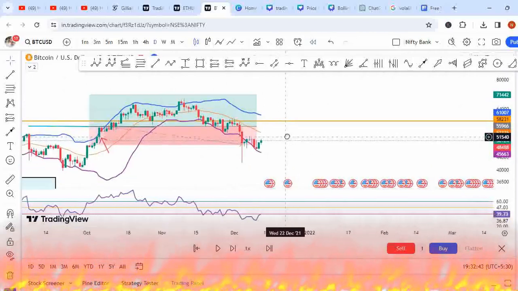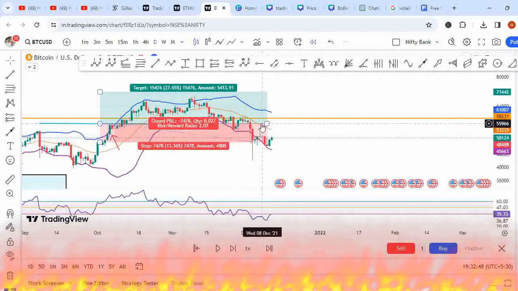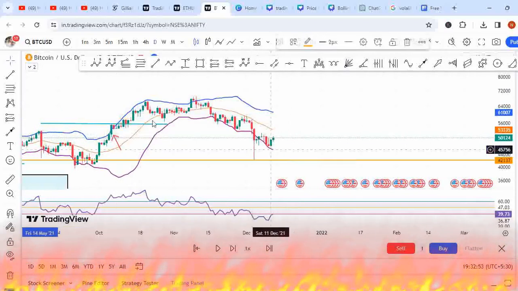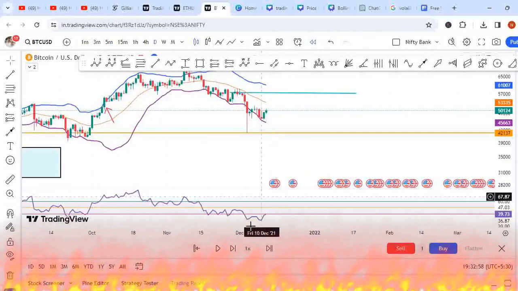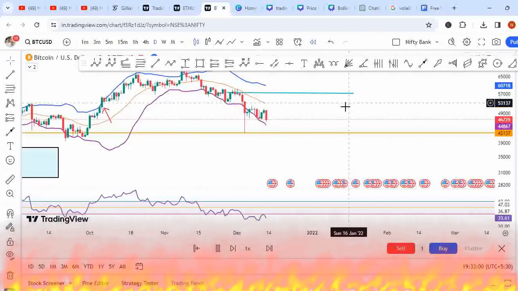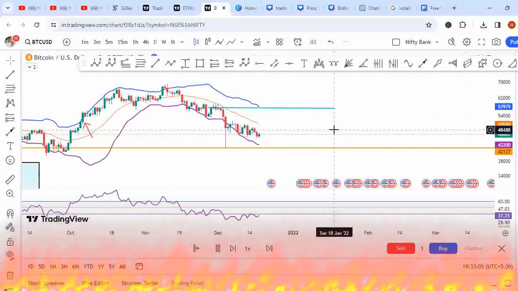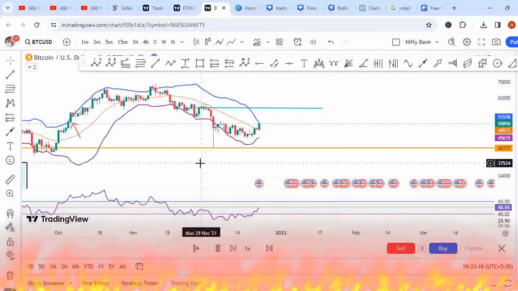Now you see that here again, one Marubozu candle has been formed. What you can do is mark the low of this candle and the high of this candle. Whenever it breaks, you can enter into the trade. So let's see whether it is broken or not. It is not broken, so there is no validation.